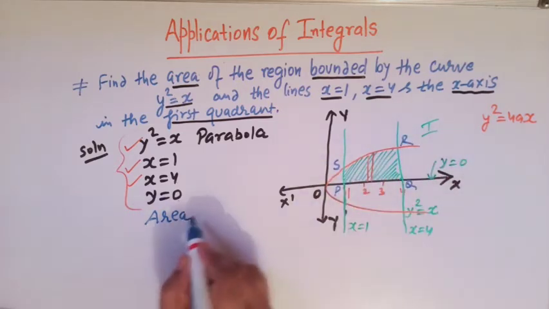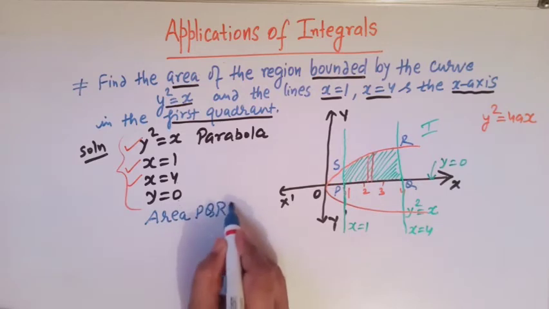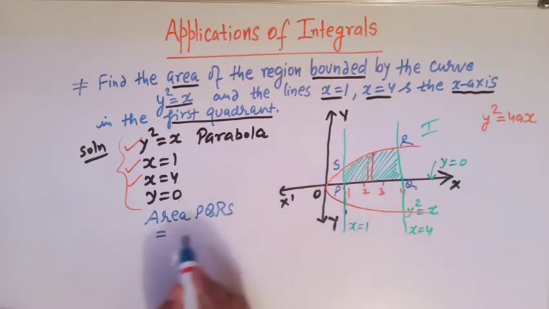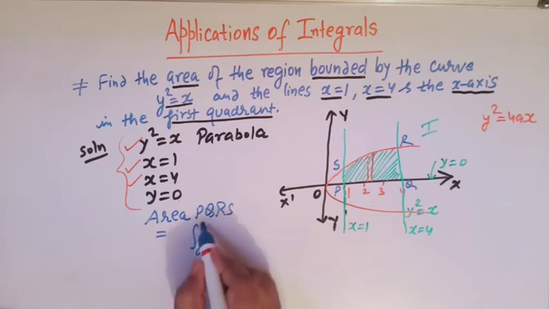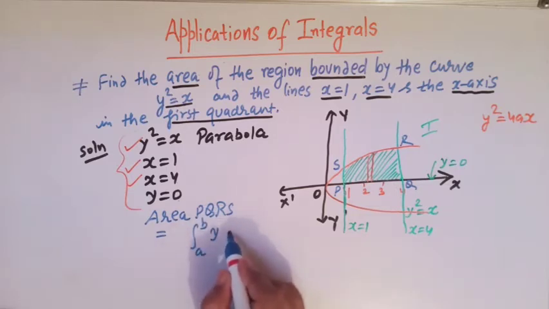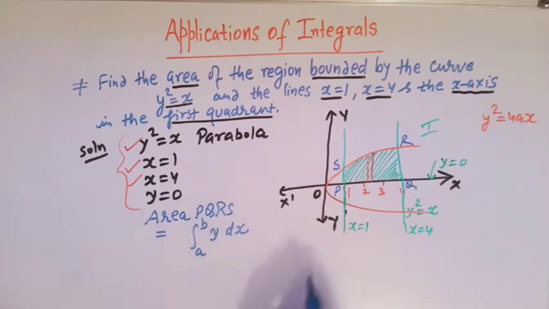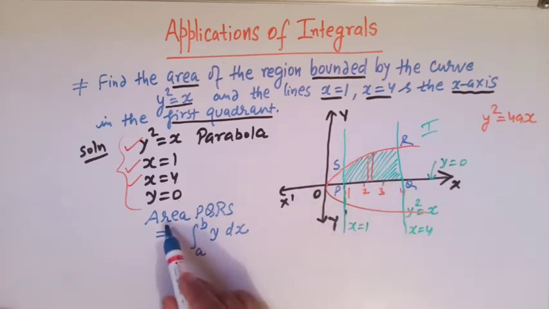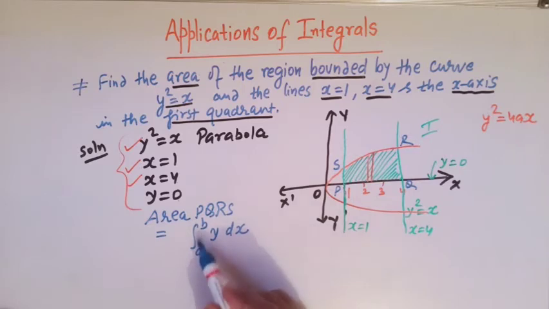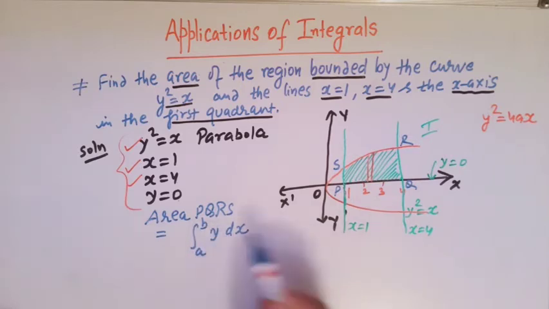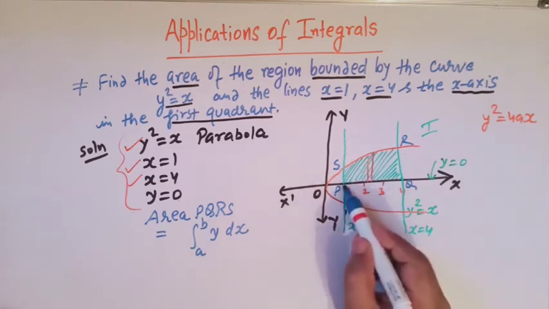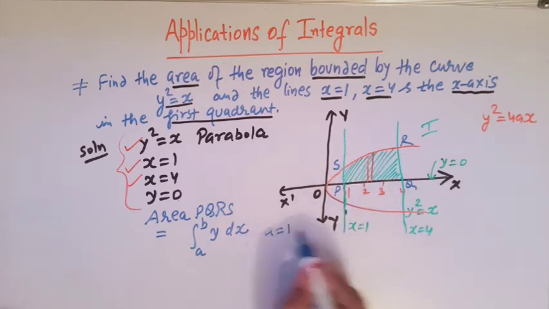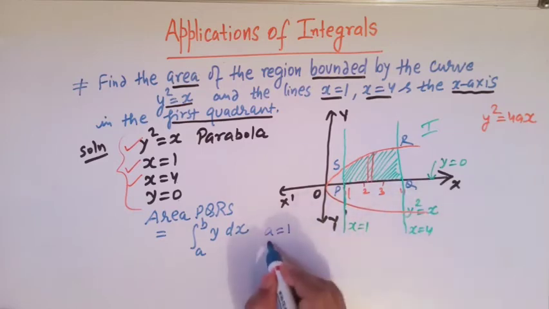So the area P Q R S, the shaded area, is given by the integral from a to b of y dx, right? We have seen in the introduction part that the area is given by this definite integral. Now here the value of a is 1 and the value of b is 4, right?